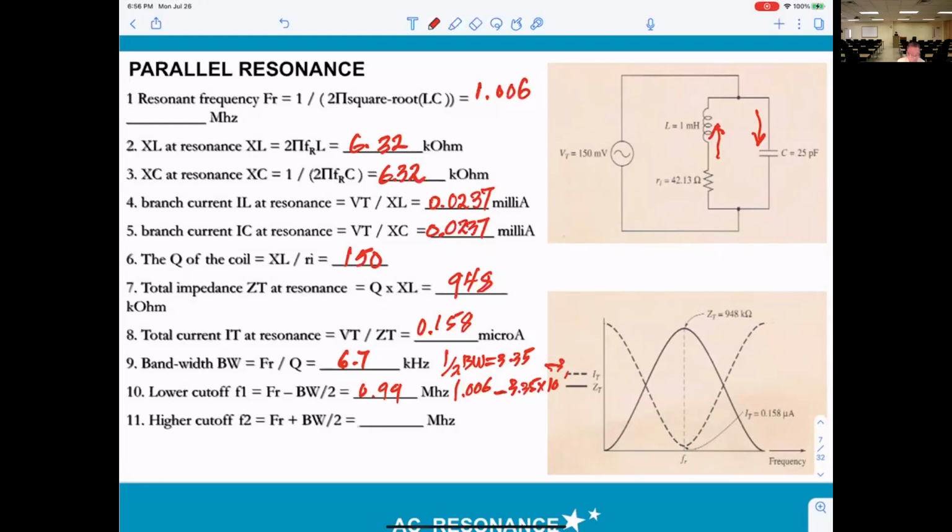Upper. That means you take the resonant frequency 1.006 plus 3.35 times 10 to the minus 3. I get 1.0094.